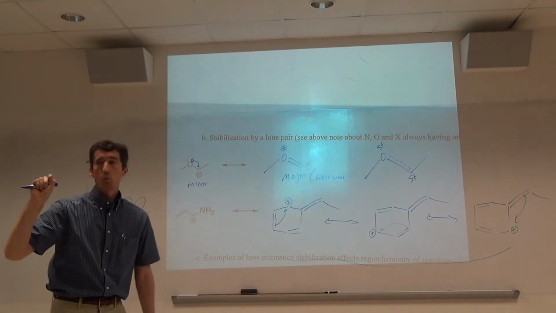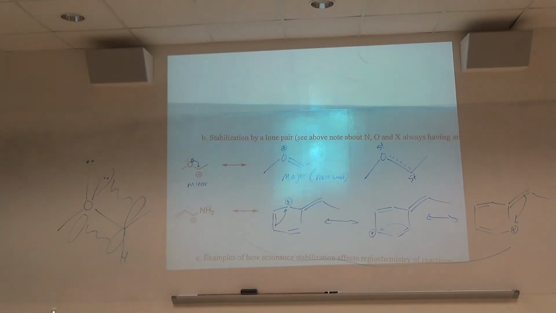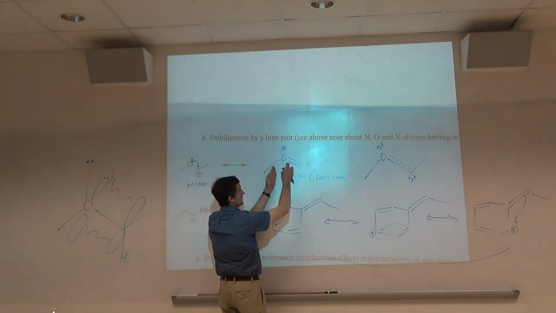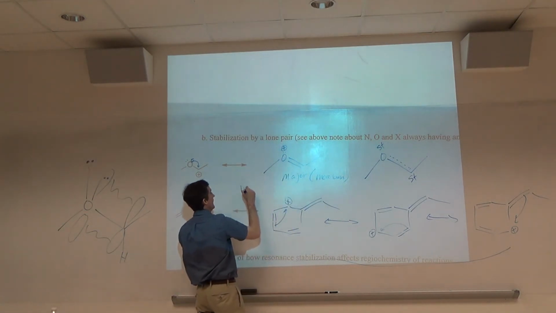Okay? When this is important, and it's on the golden sheet of rules. It's okay for oxygen and even fluorine, chlorine to take on positive, as long as they keep their octet. Does oxygen still have an octet over here? Yes. Still has octet.